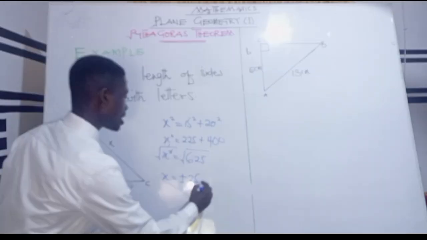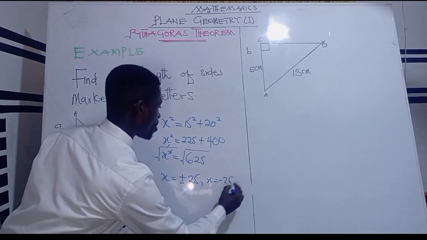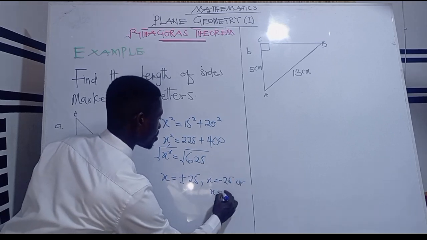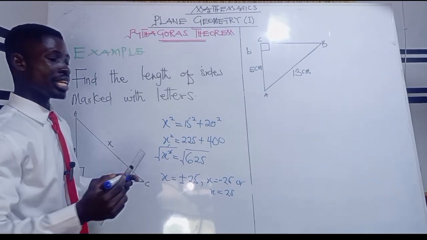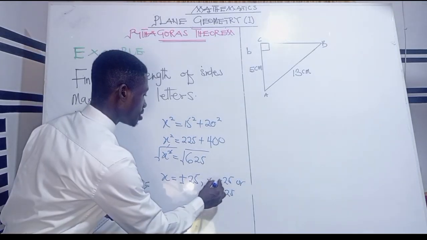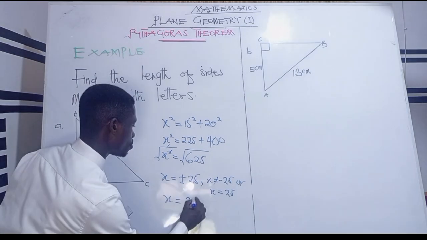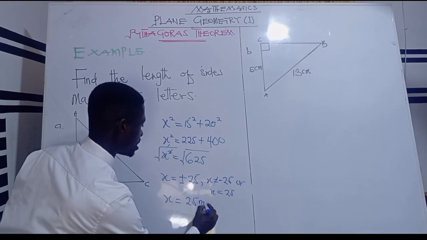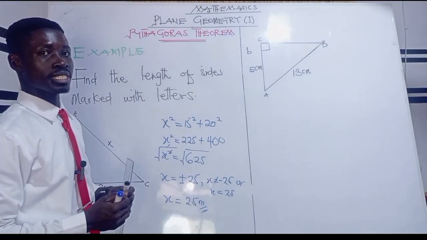So we can say that our x is equal to negative 25 or x is equal to 25. But since we don't have negative length or negative side, we are not going to take this. So we are saying that our x is equal to 25 meters, the unit attached. Very, very simple. You see how simple it is?